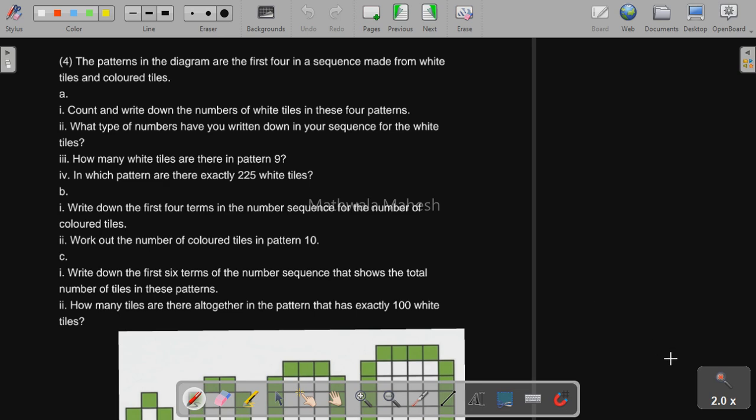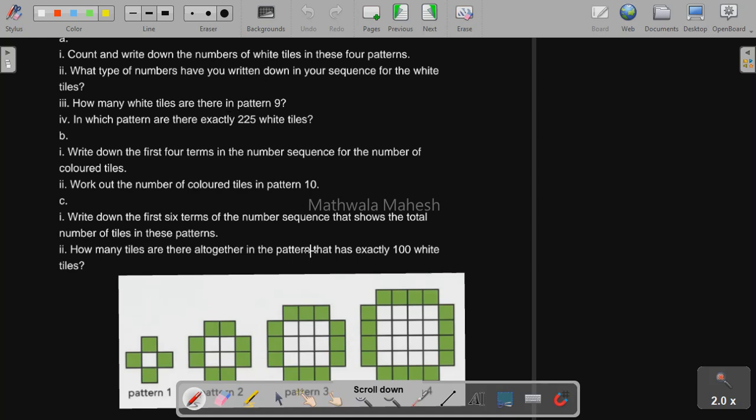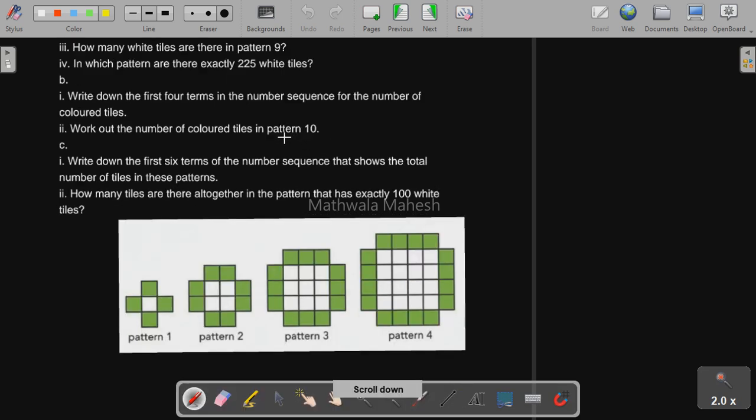Moving to the next one. In the fourth question, the patterns in the diagram are the first four in a sequence made from white tiles and colored tiles. Count and write the number of white tiles in these four patterns.